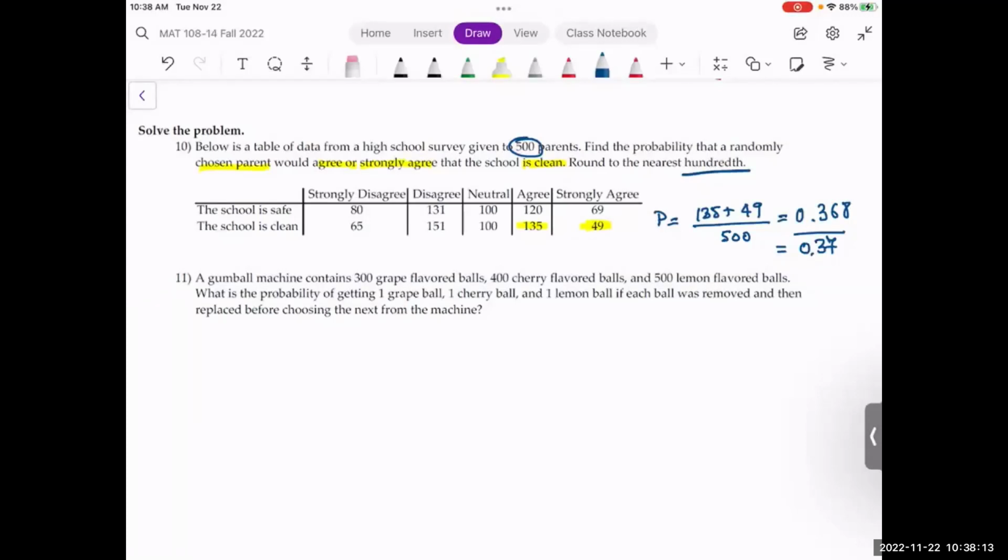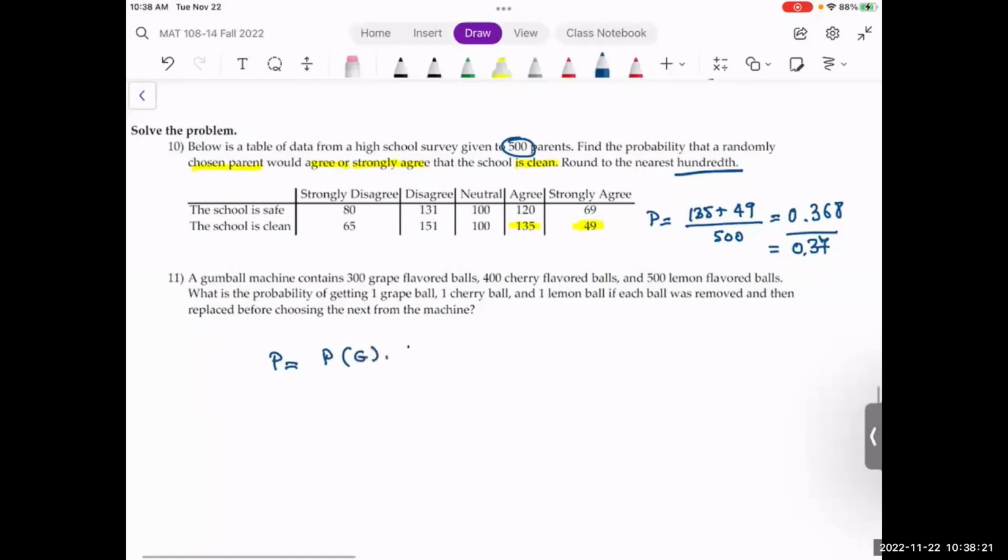Okay, so the probability here that you're looking for is going to be equal to the probability of getting one grape times the probability of getting one cherry times the probability of getting one lemon, right?